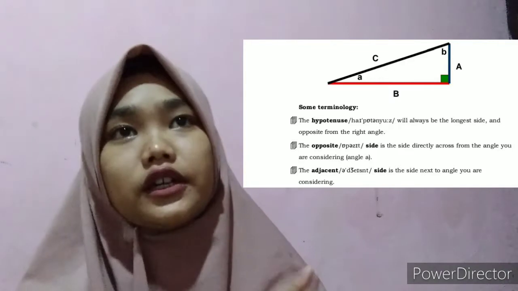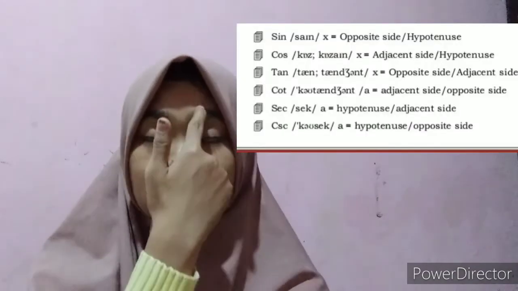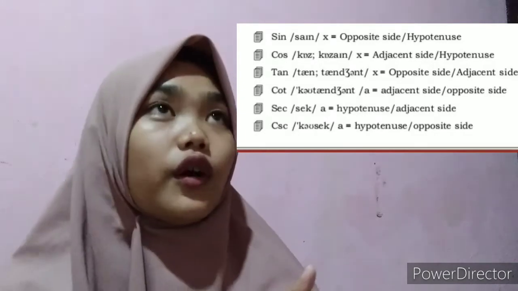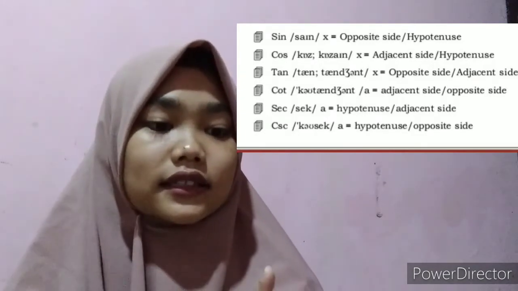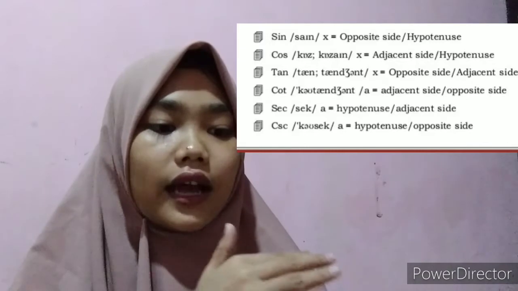The trigonometry functions are sin, cos, tan, secant, cosecant, cotangent. Sin x is equal to opposite side divided by hypotenuse.